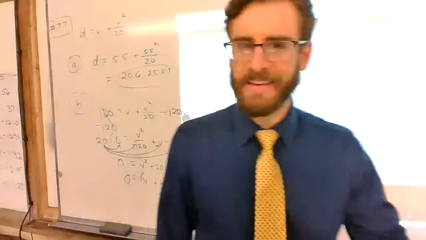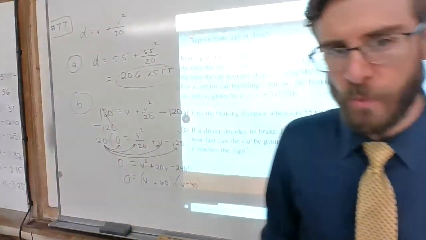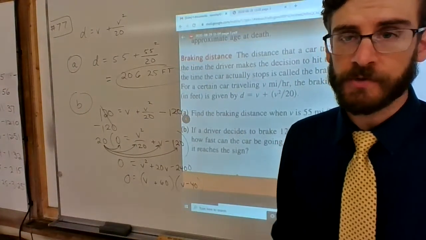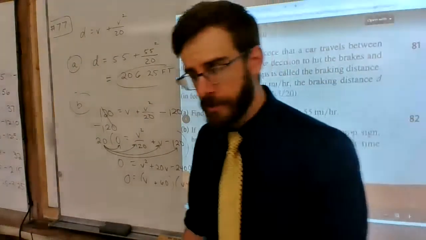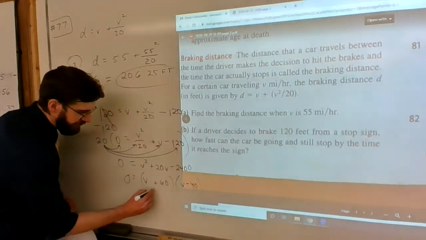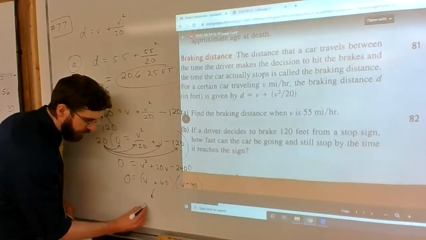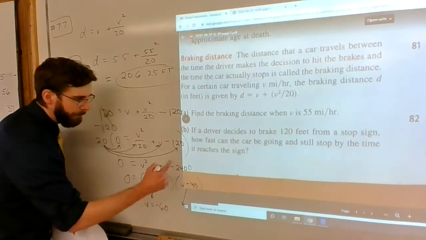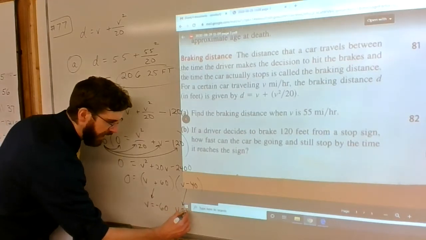If you're kind of like, I would never factor it like that right away, plug it into the quadratic formula and you'll still get the same values, okay? So the values you'd get would be V plus 60 equals 0, which gives you negative 60, and then V minus 40 equals 0, which gives you positive 40.